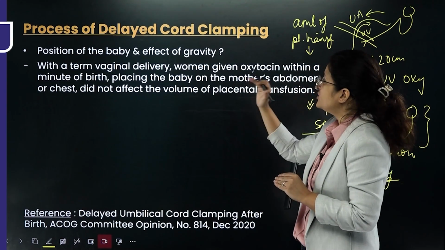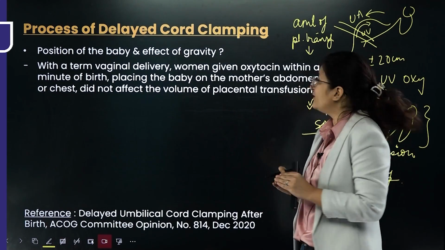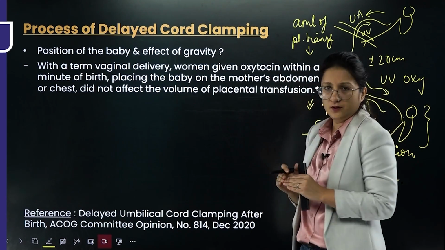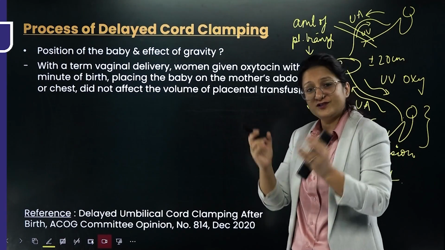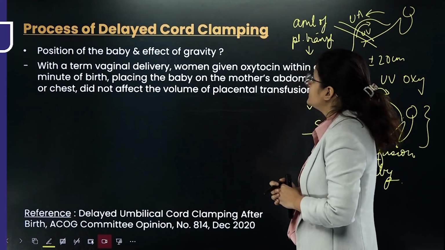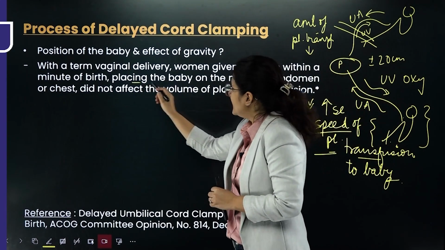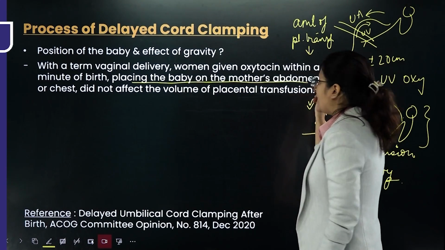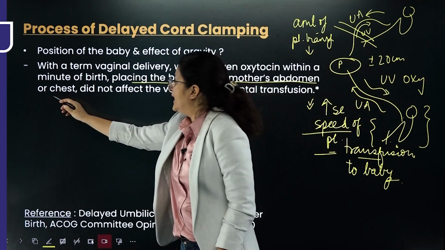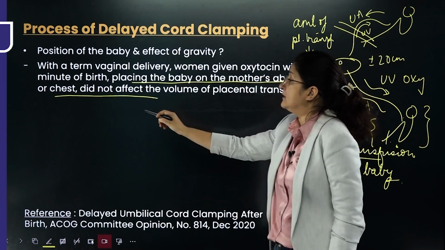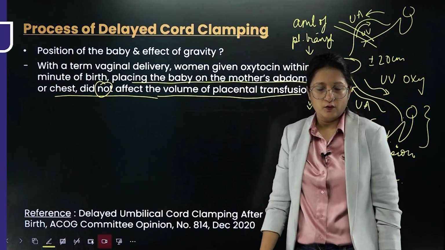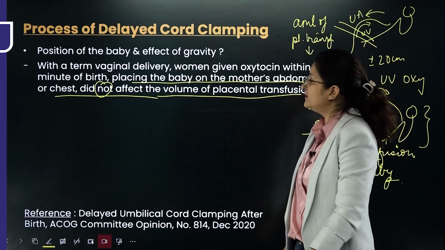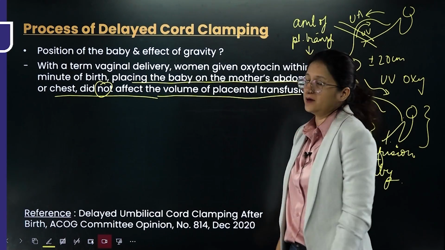So with the term vaginal delivery, women who have been already given oxytocin within a minute of birth, so there is an effect of oxytocin also, oxytocin inducing stronger uterine contractions, placing the baby on the mother's abdomen or chest did not affect the volume of placental transfusion or the total volume of placental transfusion or the advantage of extra blood to the baby, right?